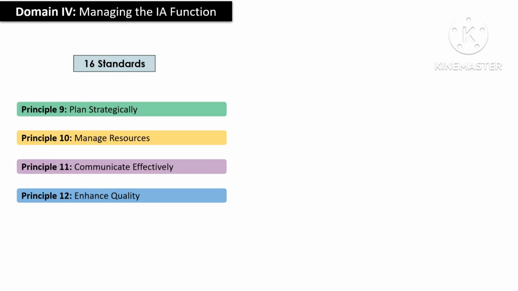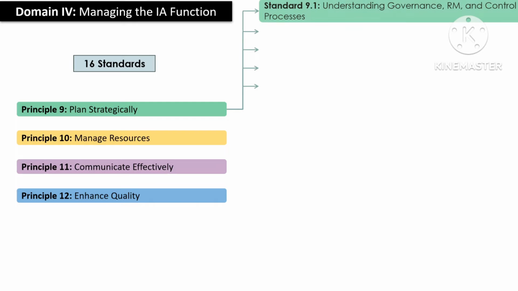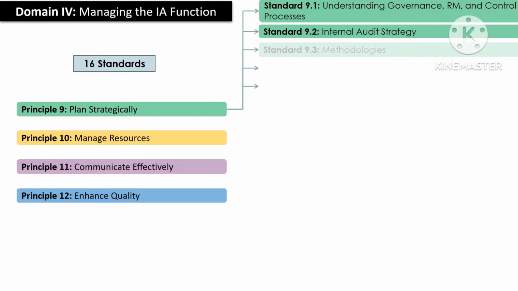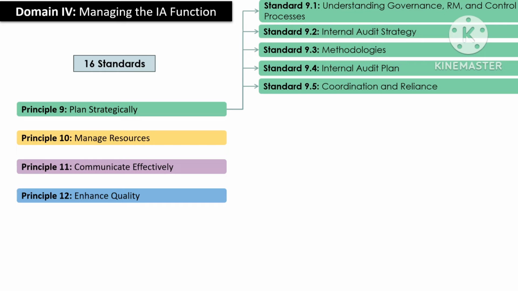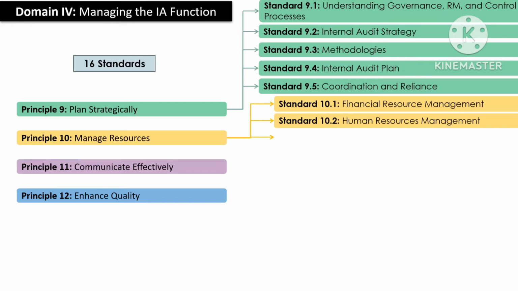The standards linked with principle 9, plan strategically, are 9.1 understanding governance, risk management and control processes, internal audit strategy, methodologies, internal audit plan, and coordination and reliance. Then for manage resources, we have 3 standards: 10.1 financial resource management, human resource management, and technological resources.